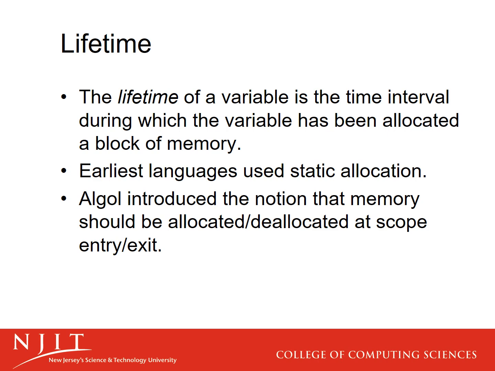That means that every time you enter a new block, every time you go into a new scope, there might have to be memory allocated. The lifetime of the variable inside of that nested scope begins. And then when you leave that scope, the lifetime of that variable ends.